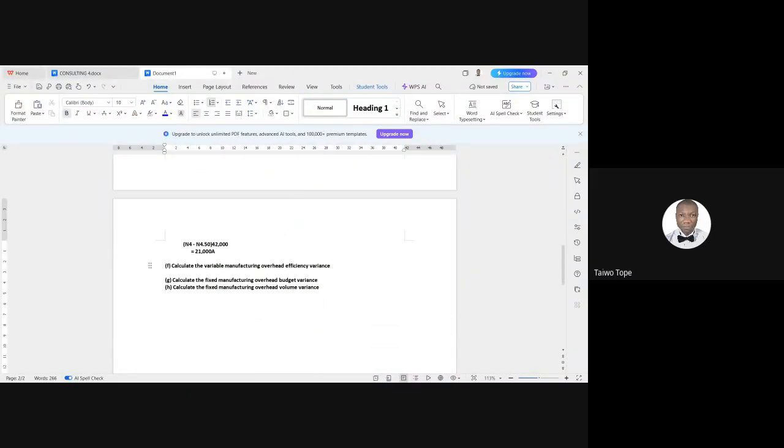So let's solve it together now. The variable manufacturing overhead efficiency variance.